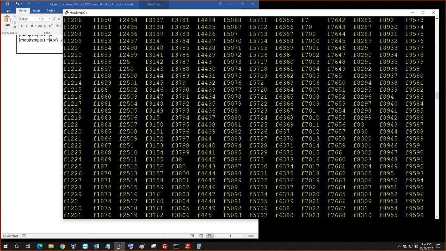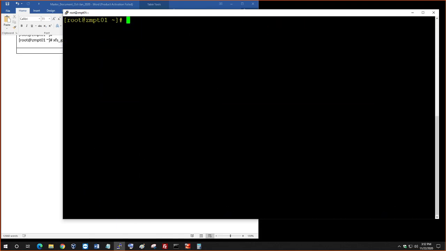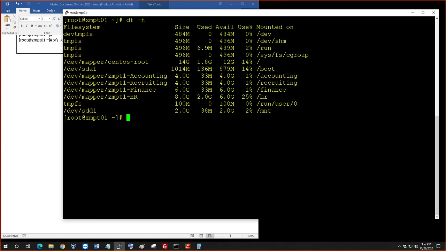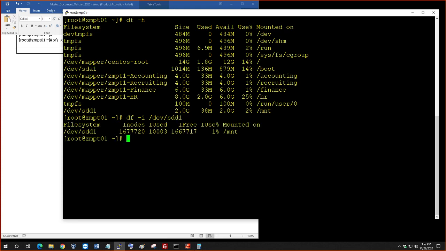Honestly, I'm not dealing with this inode thing as much. In most scenarios, the inode information should be more than what you have already there, right? sdd1. Okay, so it increased here.